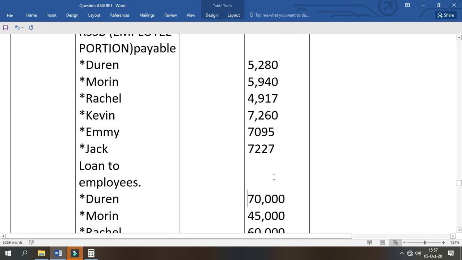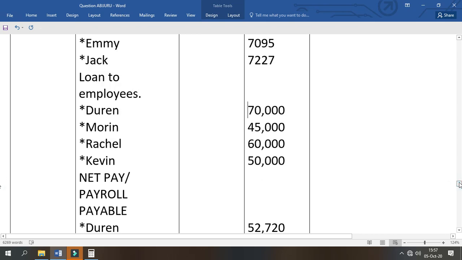You are going to credit the loan advanced to the employees. So for Dividend, the loan advanced is equal to 70,000, and for Maureen, the advance is equal to 45,000, and for Rachel is equal to 60,000, and for Kevin is equal to 50,000.